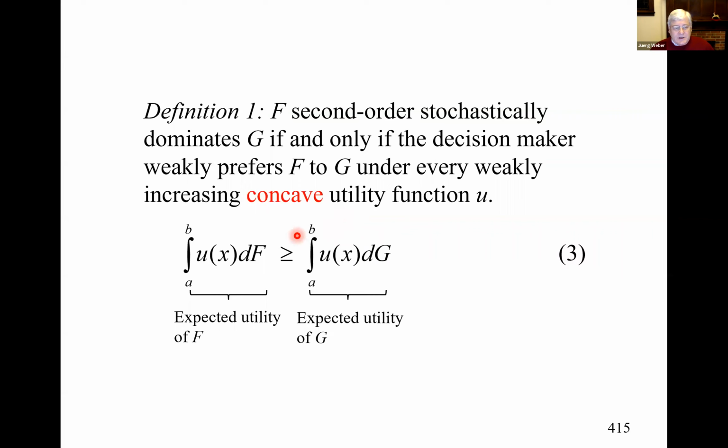Then the expected utility from the F prospect is bigger than the one from the G prospect. That's the first definition of second order stochastic dominance.